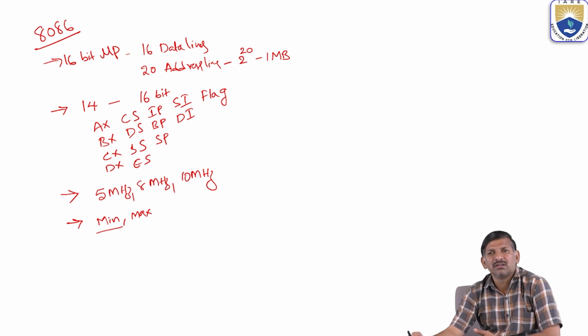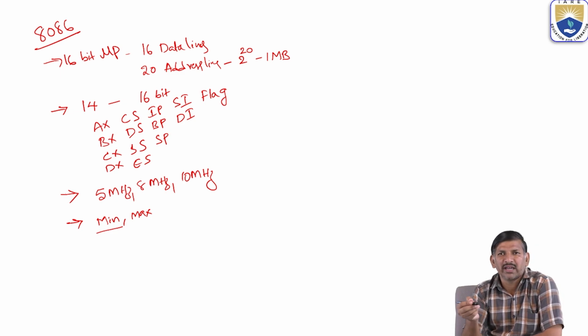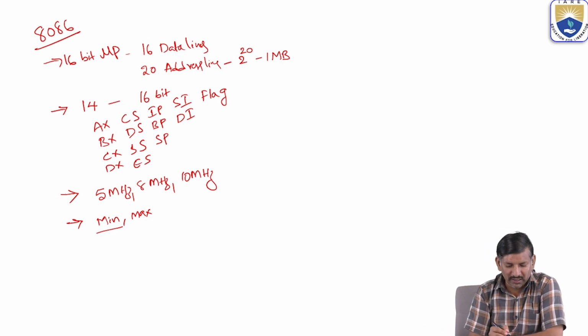Sometimes 8086 is not possible to do some of the operations like floating point operations. At that time, 8086 needs to be interfaced with external processing elements like 8087 for doing the floating point operations. At that time, that type of operation is called maximum mode operation.